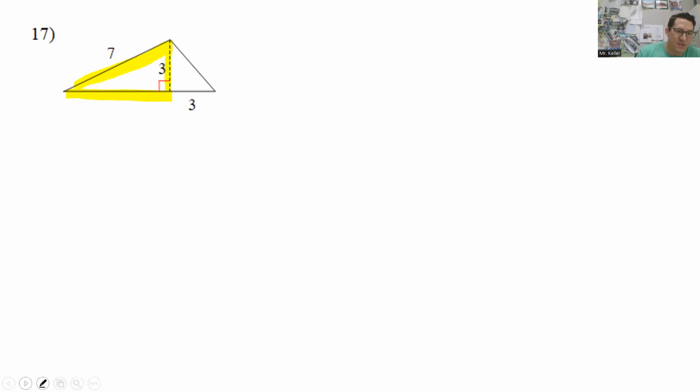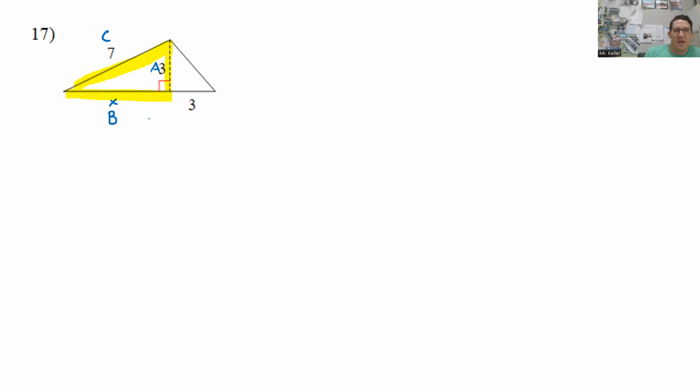So first thing I'm going to do, just focusing on that triangle that I have highlighted, I'm going to label the sides A, B, and C. C is the longest side. I'm looking for, I'm going to call it X this time because it's not quite the whole base.